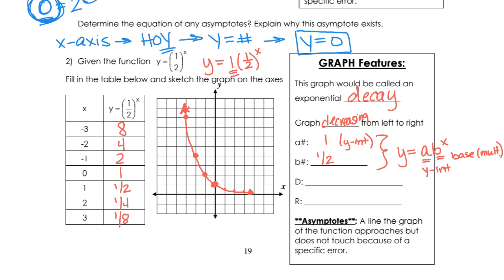Our domain, from left to right: as this goes up, it is still going towards the left, so it's negative infinity. And as it goes towards the right, it is still going towards the right, so positive infinity. So we could also say our domain is all reals, or negative infinity to positive infinity with round parentheses. Our range, the lowest it goes is 0, although it doesn't quite reach 0.